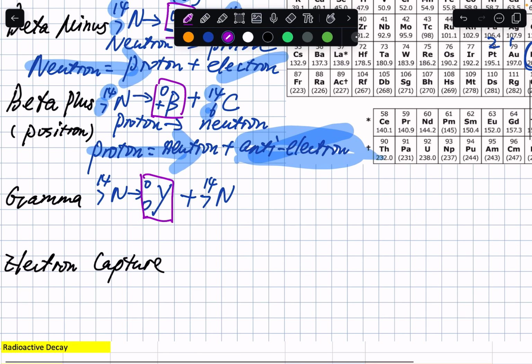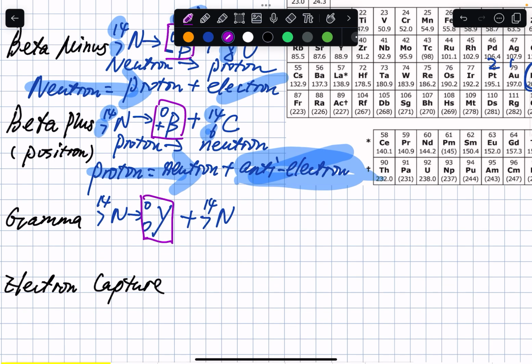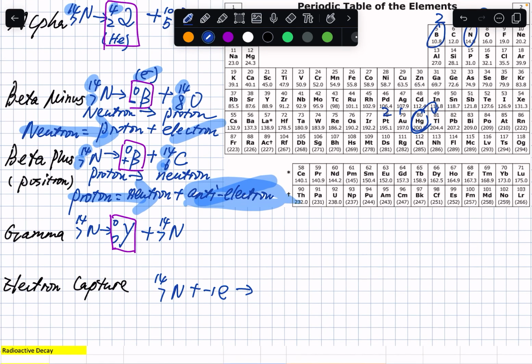All right, now let's talk about electron capture. Electron capture is basically me capturing an electron with the negative charge, okay? And then, as you know, if I lose an electron, it means my atom really has one less proton as well, right? Because most of the time, the number of electrons equals the number of protons. So nitrogen is just really carbon 6, 14, okay?